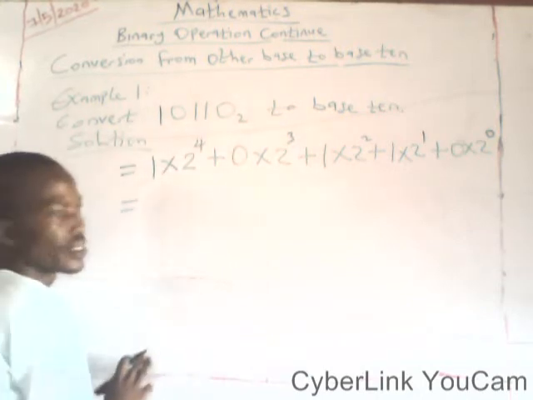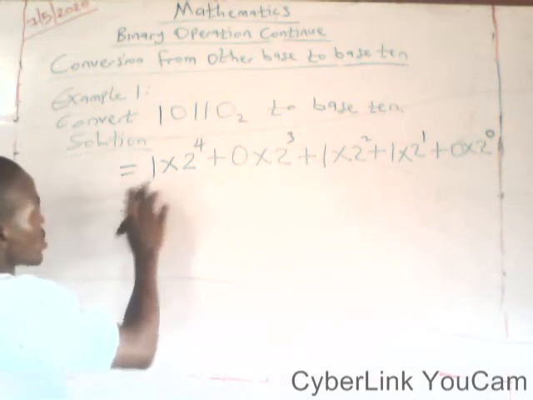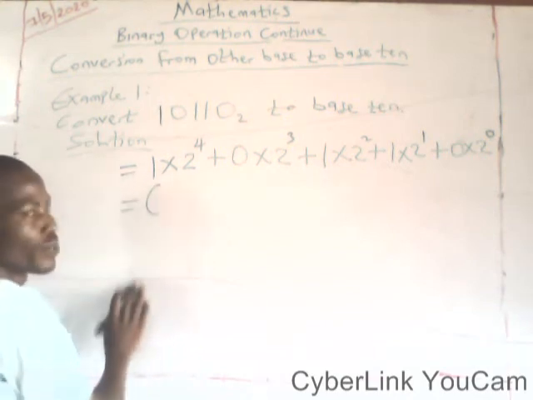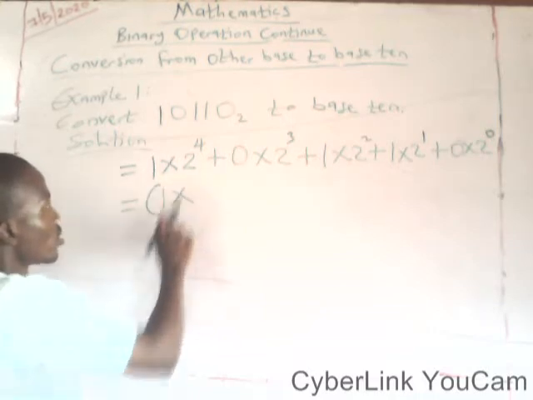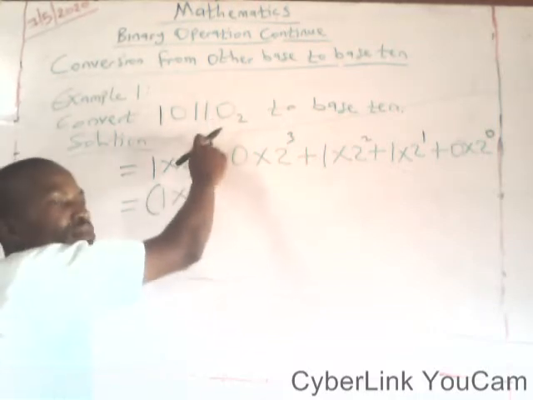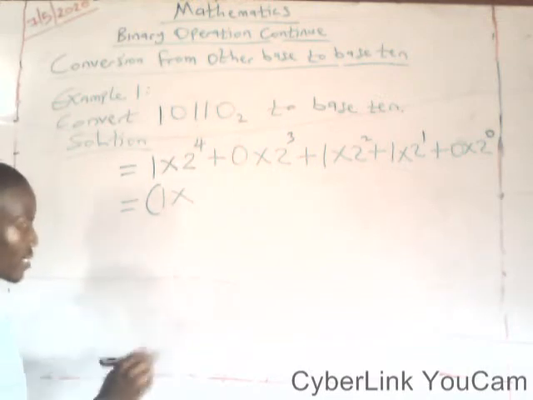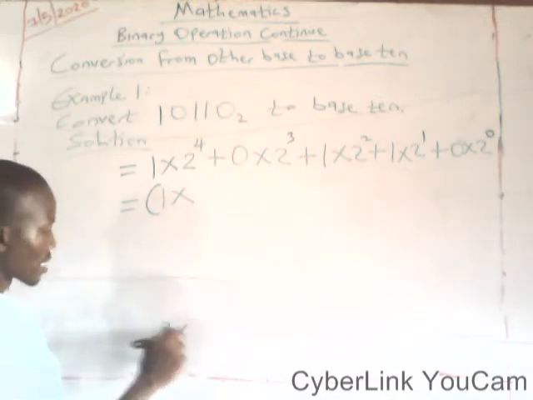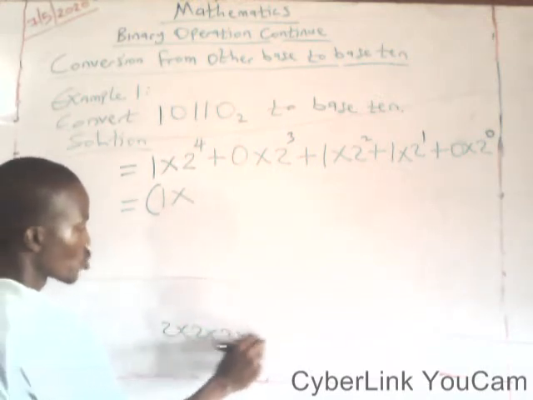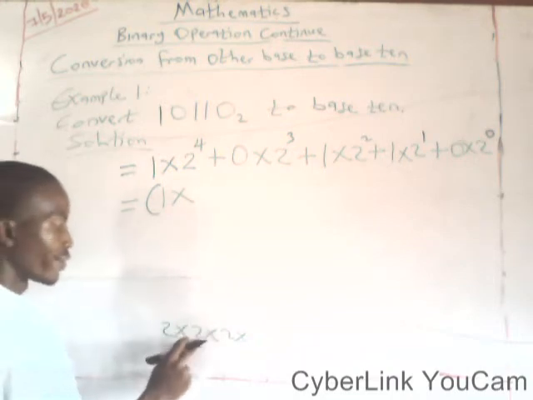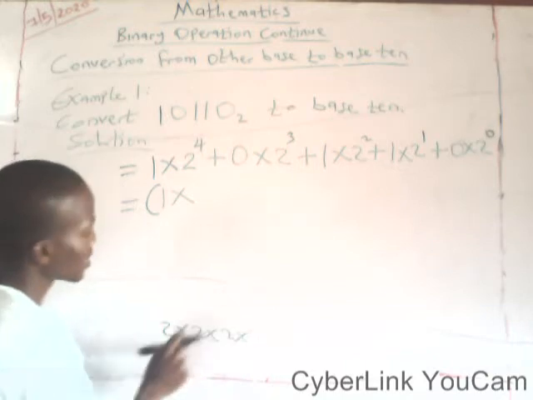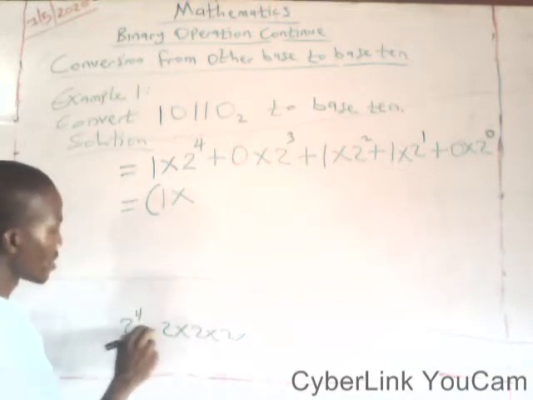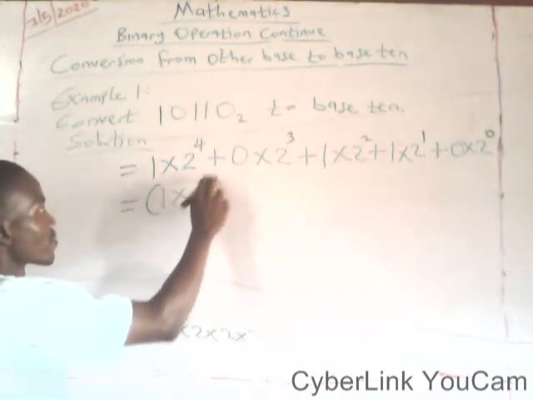When you are through with that, then you start the second line and create a bracket. This one multiplied by 2 raised to power 4 simply means what? In mathematics, 2 raised to power 4 means 2 times 2 times 2 times 2. 2 times 2 will give you 4, 4 times 2, 8, 8 times 2 will give you 16. In that case, 2 raised to power 4 is equal to 16.